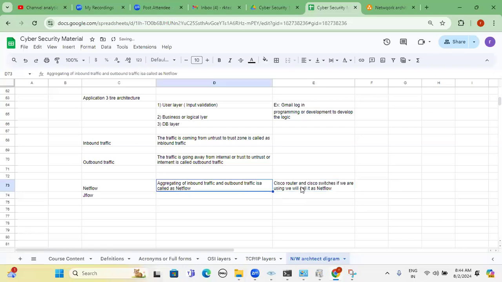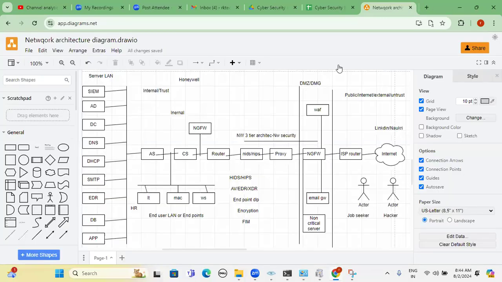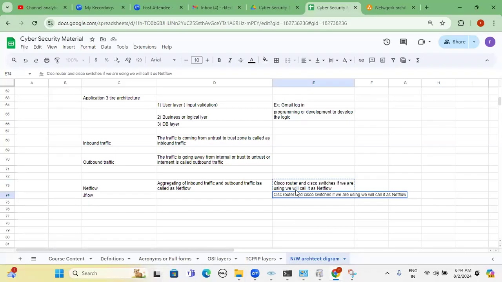Same thing: the combination of inbound and outbound traffic that the Juniper routers and switches provide.